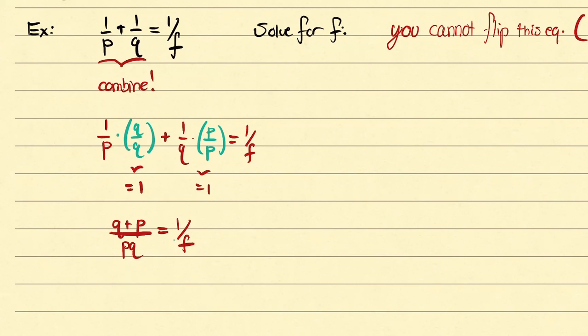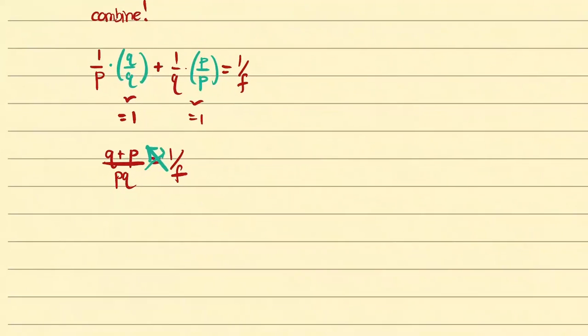So I'm going to multiply f to this numerator, and then multiply this fraction over to the other side. But let's be careful. This is kind of confusing. I will multiply f over to the left-hand side.